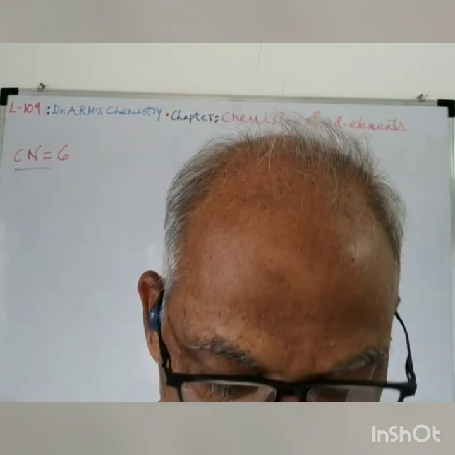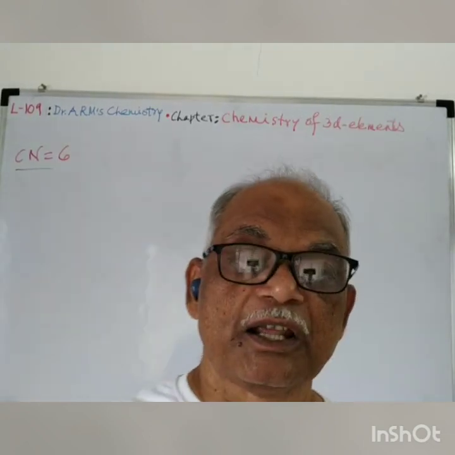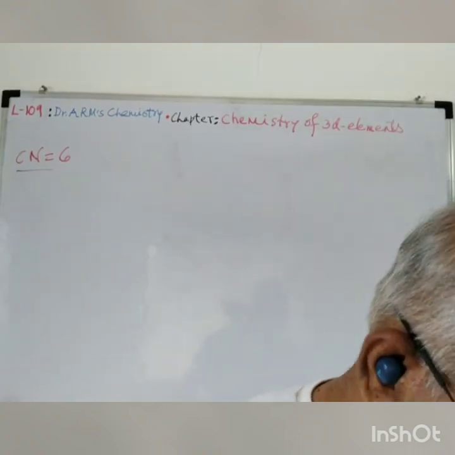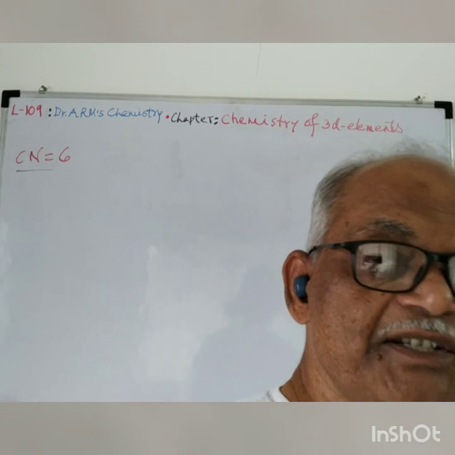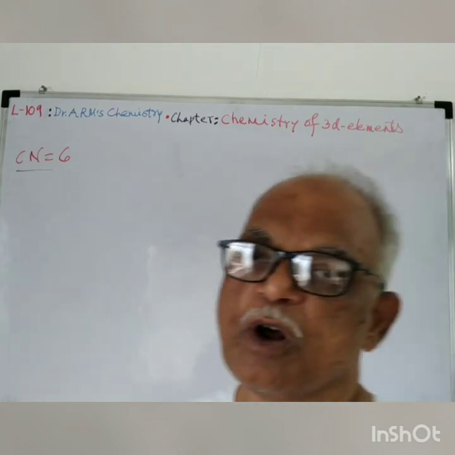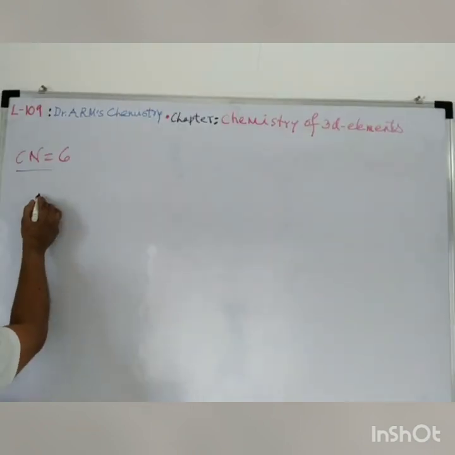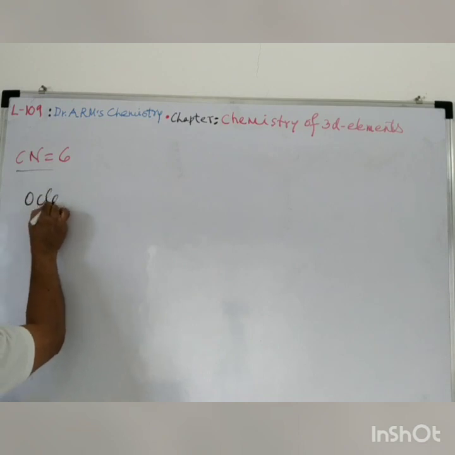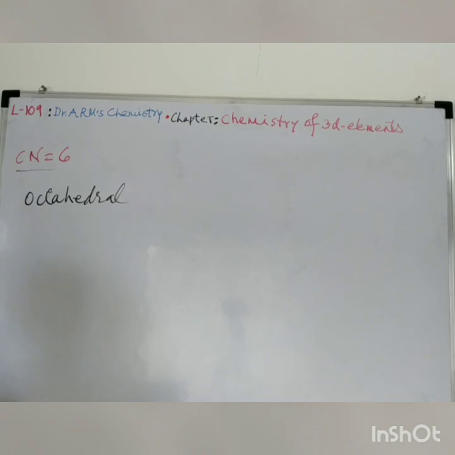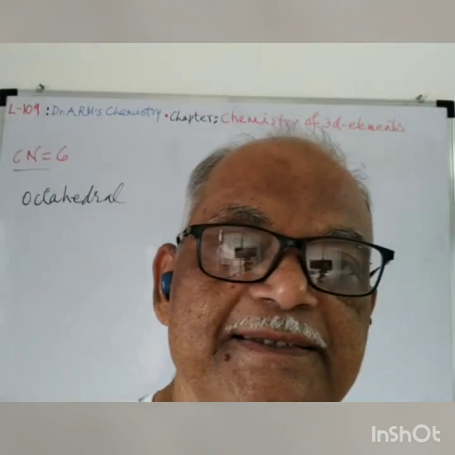This geometry of coordination number 6 is very common, and the structure commonly observed for this type of coordination is octahedral. There are other structures also, but they are less common.